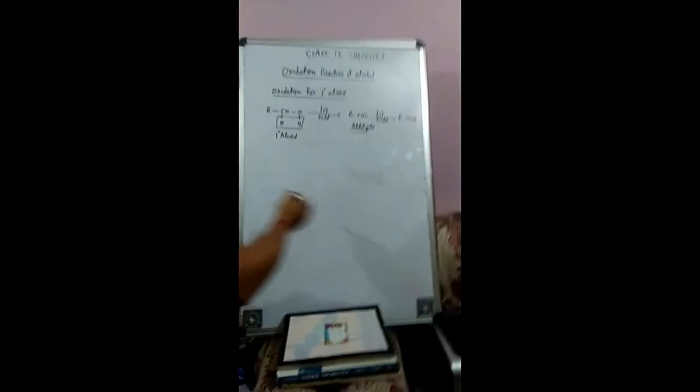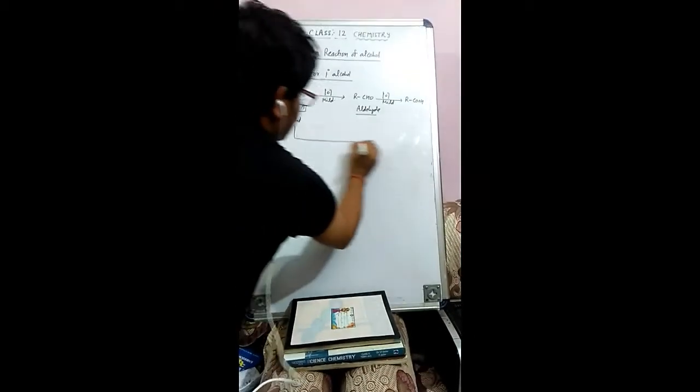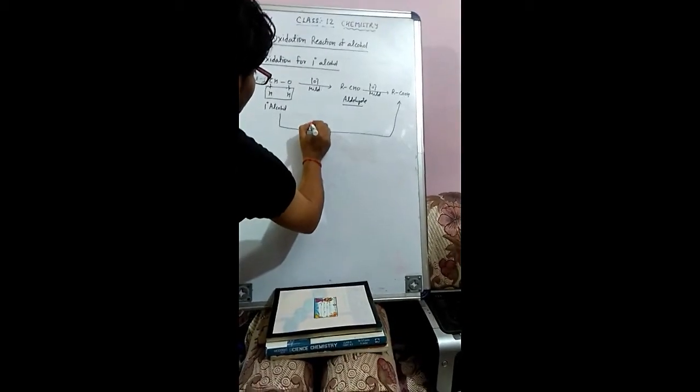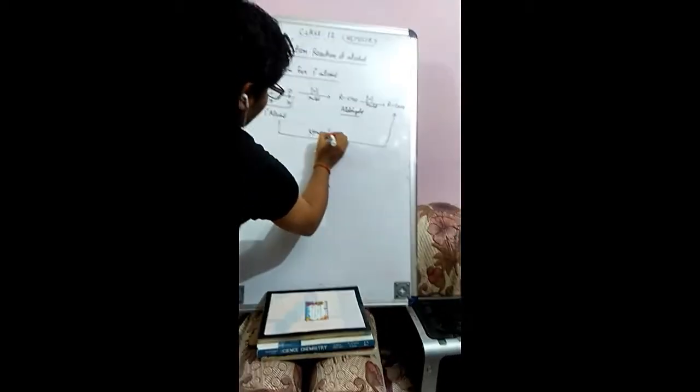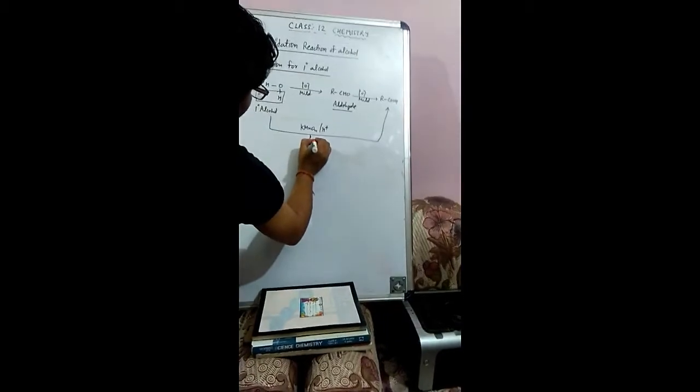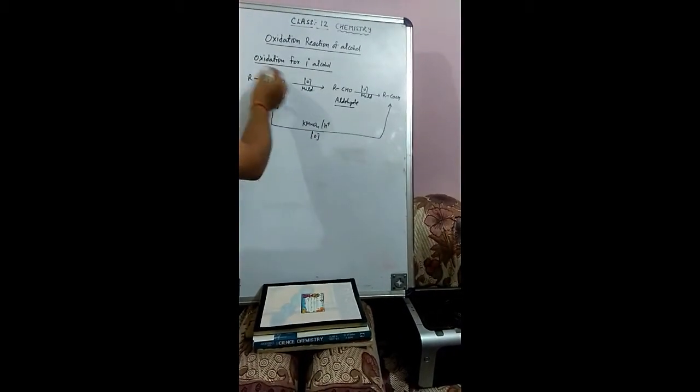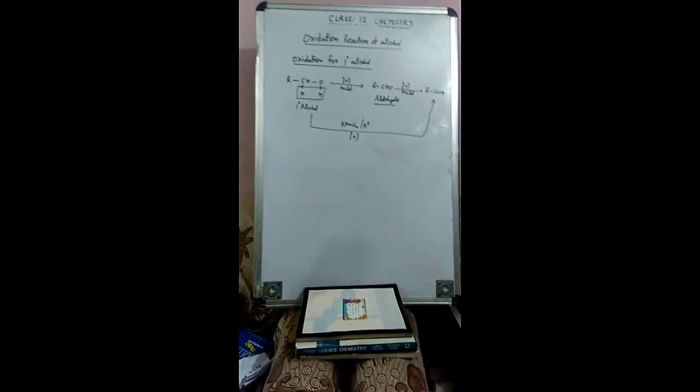Suppose I want to convert the primary alcohol directly into a carboxylic acid, then we can use KMnO4, a strong oxidizing agent, in acidic medium. Then the primary alcohol is directly converted into a carboxylic acid.